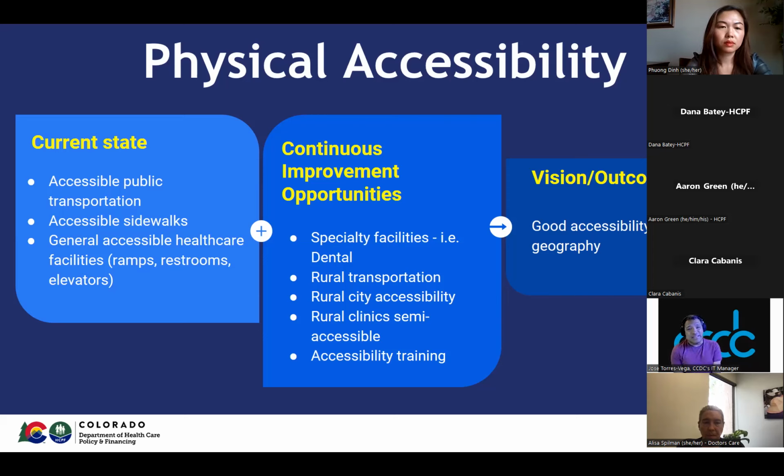Rural transportation, that's a big one. For people with disabilities, rural transportation is very limited, and rural cities' accessibility and rural clinics are only semi-accessible.